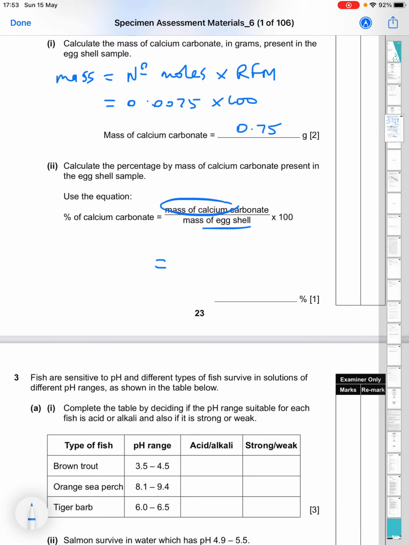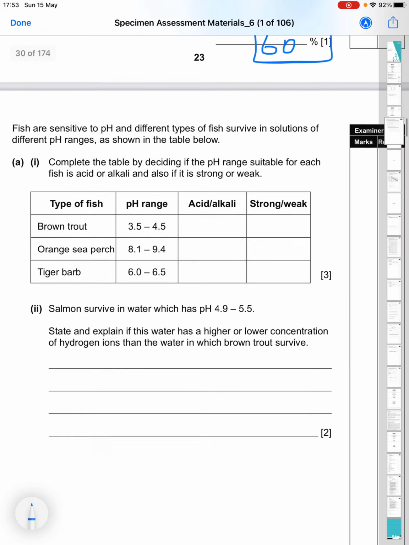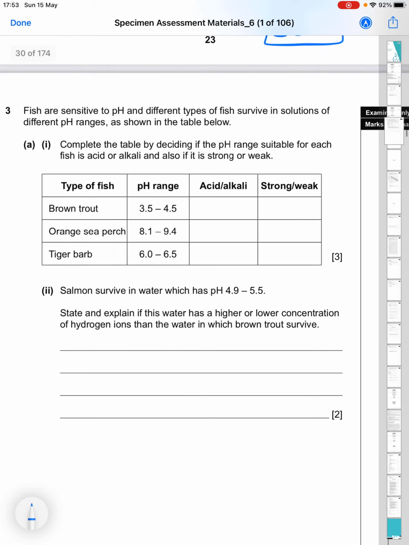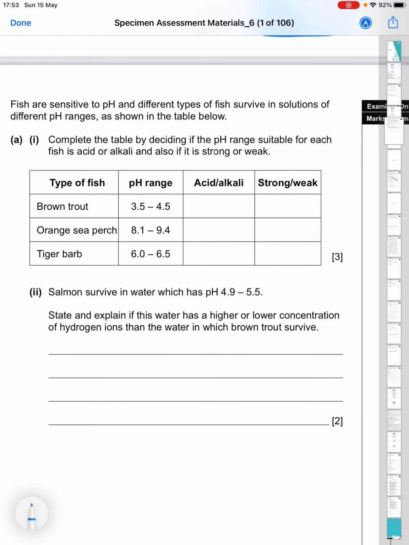So that's 0.75, which you've just worked out, divided by 1.25 times 100, which gives the answer of 60%. And if you get that one wrong, they would implement an error carried forward there. So you still would get the mark even if you got the previous question wrong.